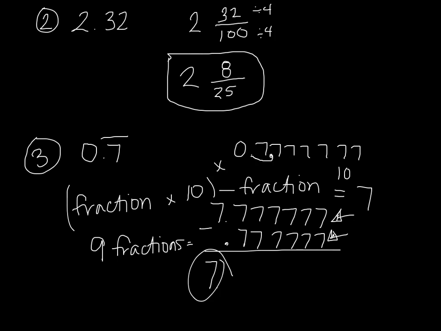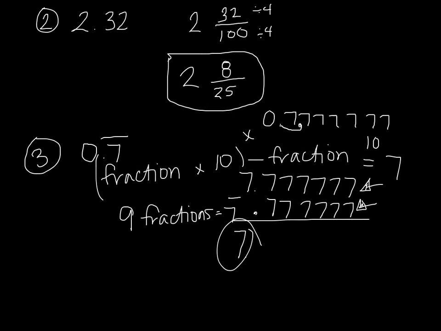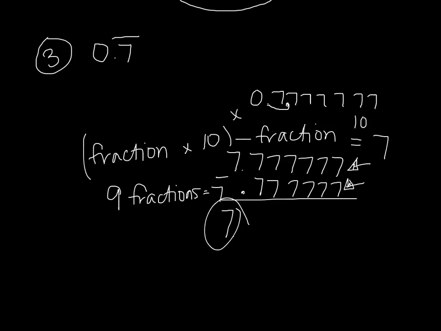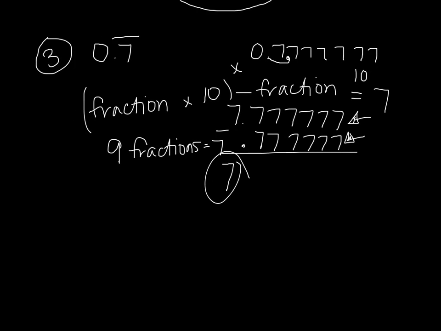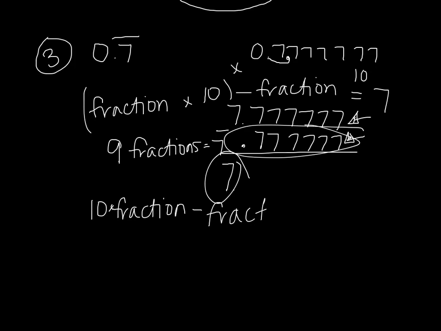equals 7. Let me move this around so I can write it more clearly. I apologize that this is not very clear here. So if I have 10 fractions, because really this is 10 times my fraction, and then I subtract my original fraction, then I am left with this last number down here, which is 7.